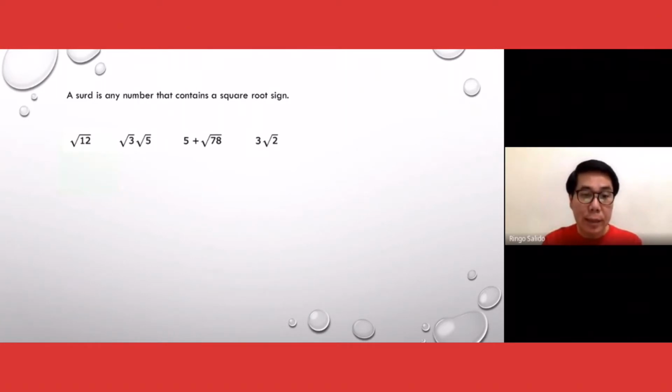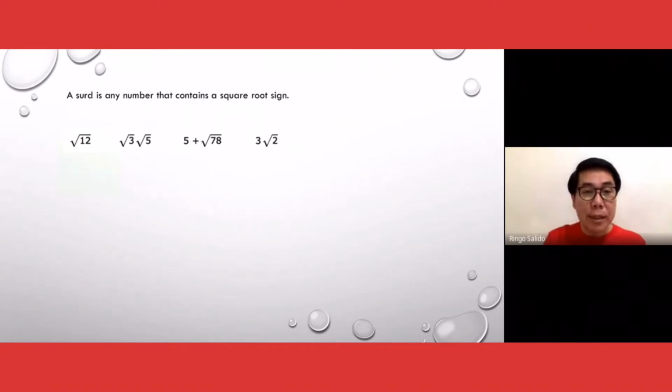And another example is 3 times the root of 2. Leaving the square root sign is useful for two reasons. Number one, we don't need calculators when dealing with them. And the second one, they are much more accurate as you don't have to round off the decimal.